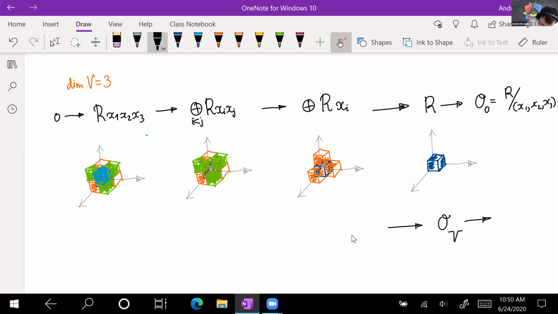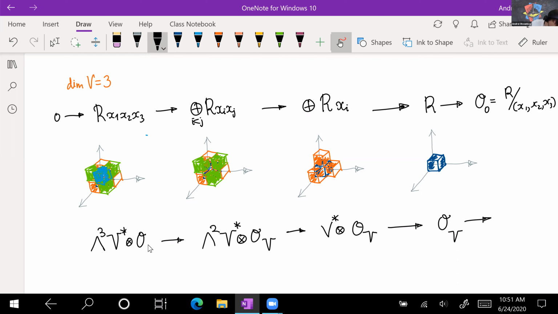I'll write it as V, or rather the dual. This is the dual of the defining representation, because these are linear functions on V. The next term looks like the exterior square of the dual of the defining representation, tensor V. And then here is the exterior cube of the dual of the defining representation, tensor V. That is the resolution.